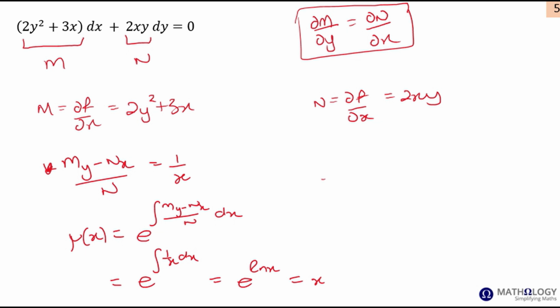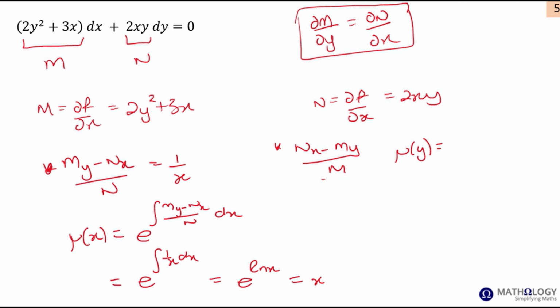There is another integrating factor if we use the alternative expression, which is N sub x minus M sub y over M. If this expression is used, then the integrating factor will be mu of y, and we'll be integrating with respect to y.